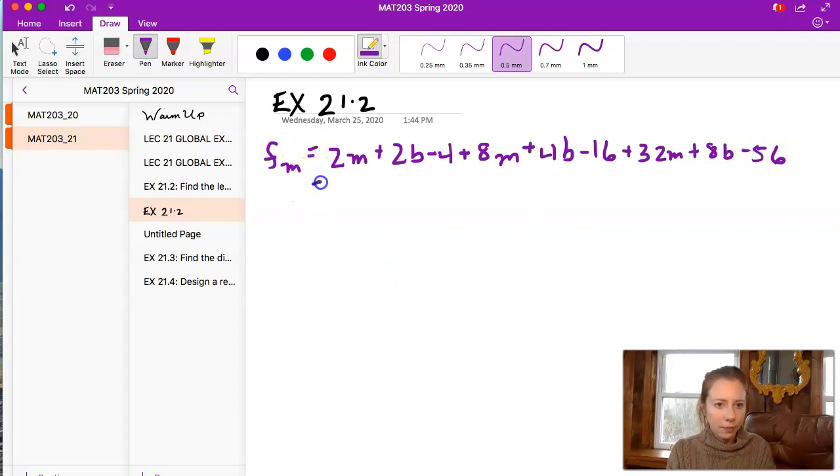Okay, so this is going to be 42m plus 14b minus 76.